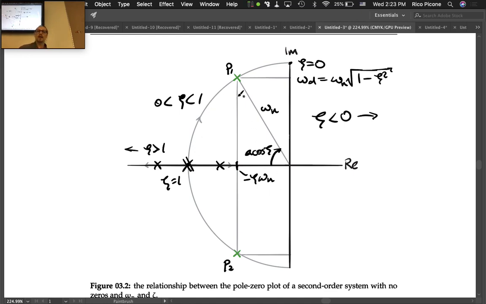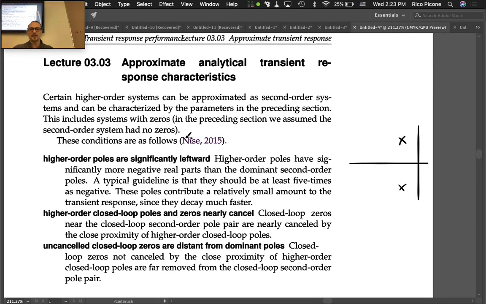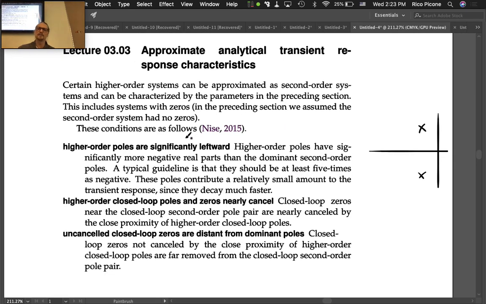We have a radial natural frequency here, and the damping ratio related to the angle. Even for higher order systems with more poles and zeros, sometimes we can use these parameters, and we would like to, because they're going to be really useful for us. So we're going to see, when is that still valid? That's what this lecture, 3.3, is all about.